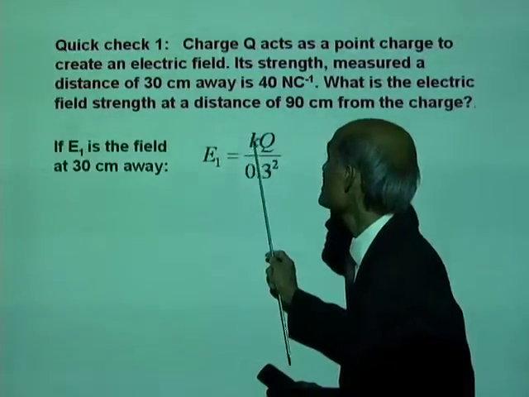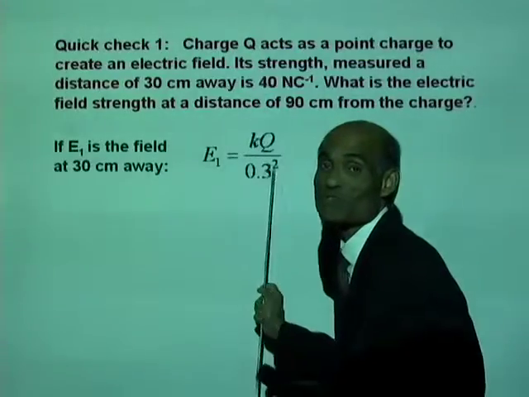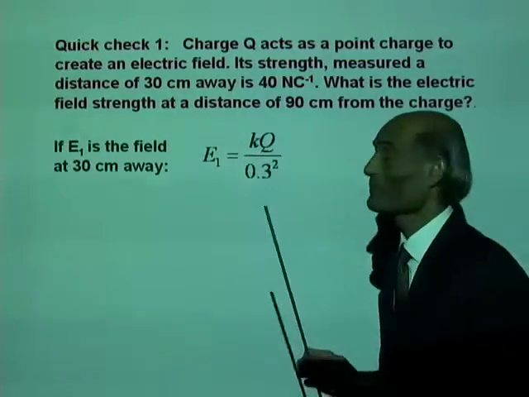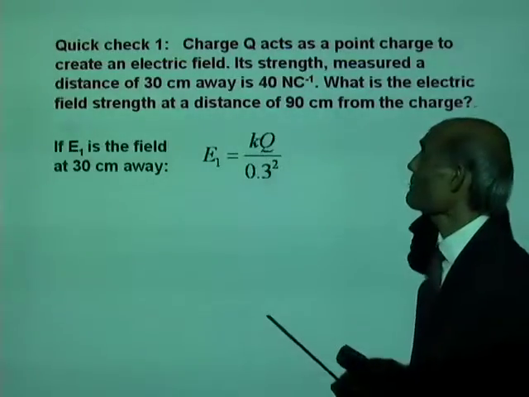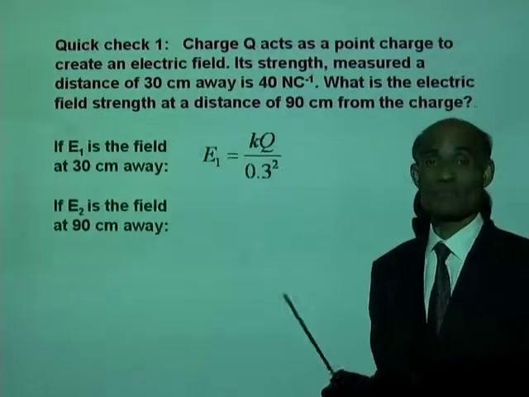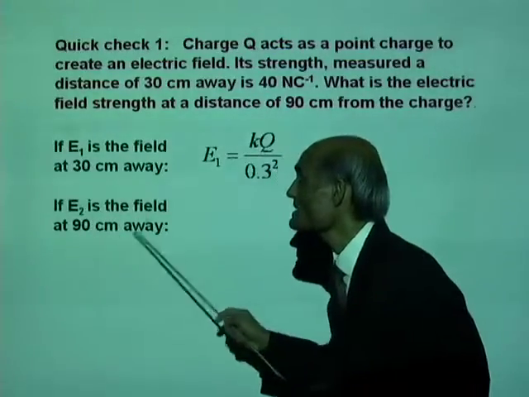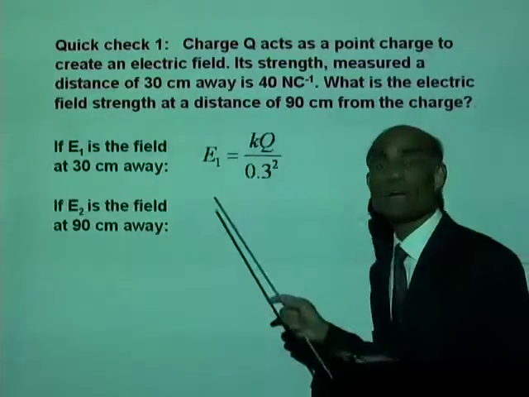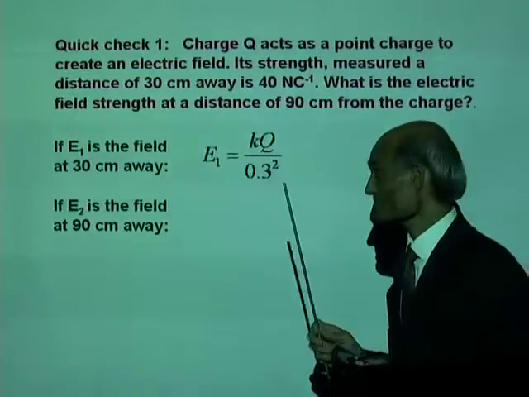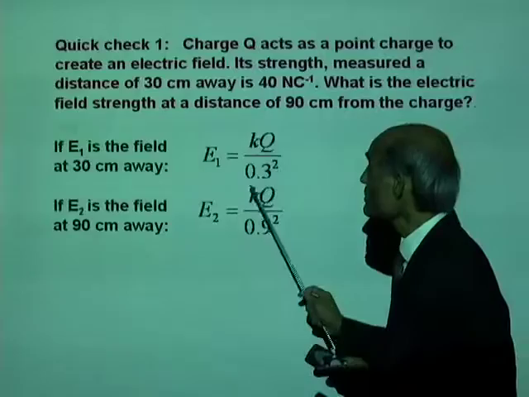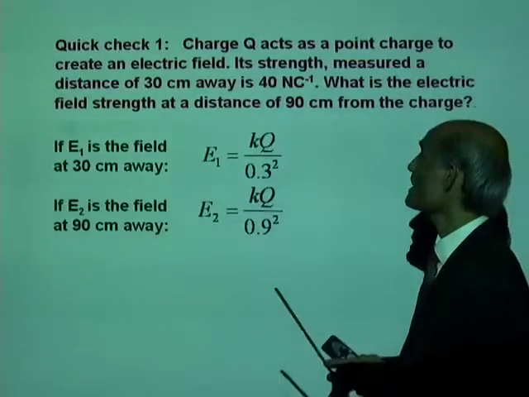So E1 is KQ divided by R, R is 30 centimeters, 0.3 squared. So I have E1 equal to KQ divided by 0.3 squared. Alright, if E2 is the electric field at 90 centimeters away, can you write an equation for E2? Well, you can. E2 equal to KQ divided by 0.9 squared.